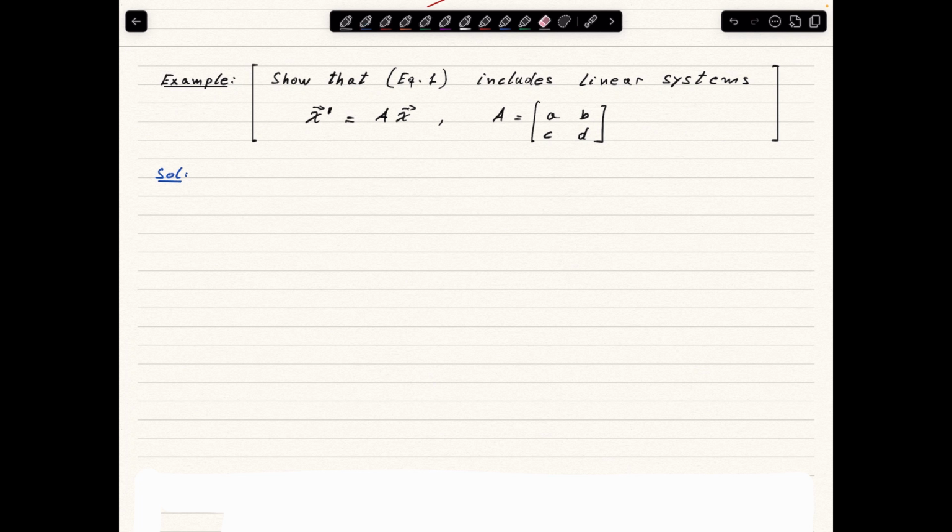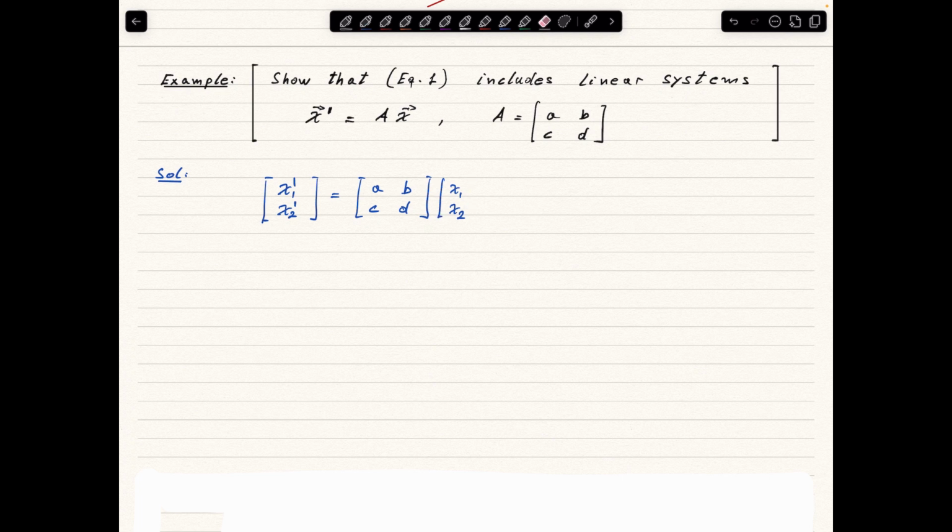Solution. Let's write down the system from vector notation into component notation, and for that we introduce the components x1 and x2 and the derivatives of these components. The equation says this is related to the matrix vector product of this matrix A, B, C, D with the vector components x1 and x2.